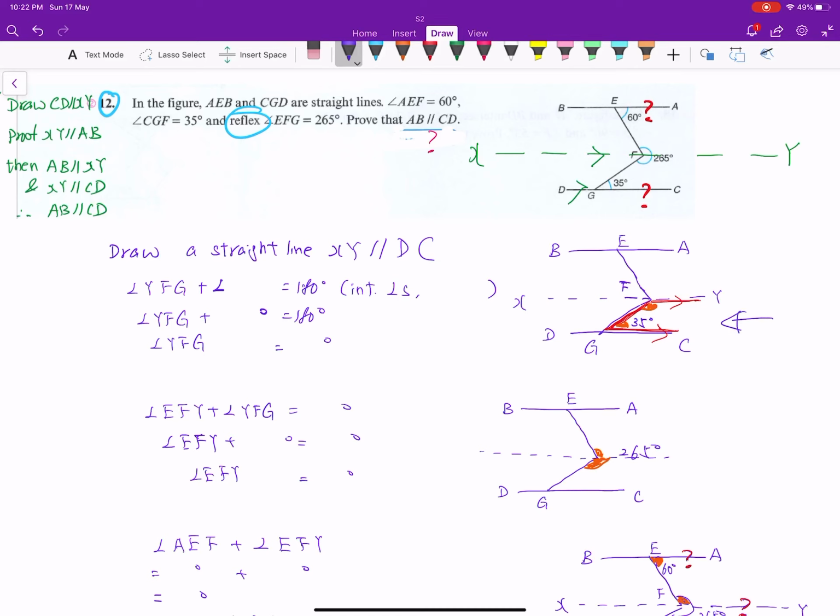if these two lines are parallel, then we can draw a U shape here. So we can start with interior angles. Angle YFG plus angle YGC is a pair of interior angles, so it sums up to 180 degrees.